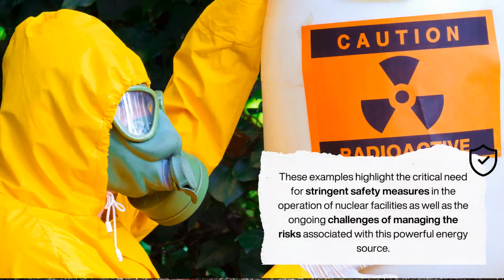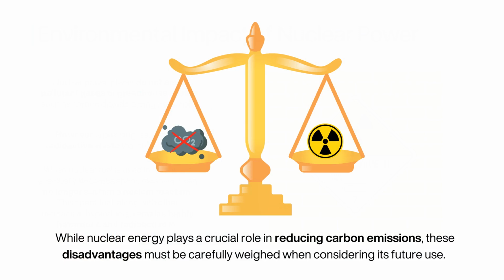These examples highlight the critical need for stringent safety measures in the operation of nuclear facilities, as well as the ongoing challenges of managing the risks associated with this powerful energy source. While nuclear energy plays a crucial role in reducing carbon emissions, these disadvantages must be carefully weighed when considering its future use.